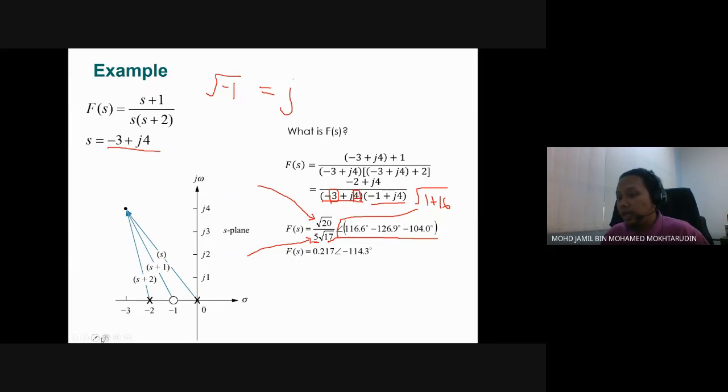After you plot, then you can find the angle of each of the complex number. So first complex number is -2 plus 4j. It's somewhere here.